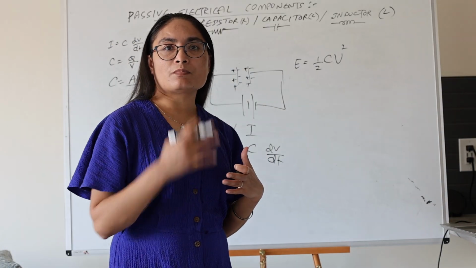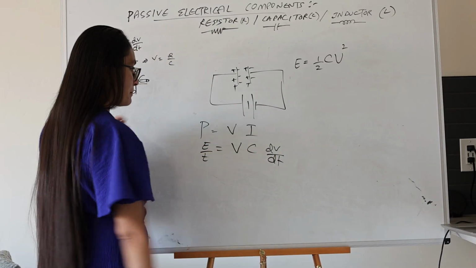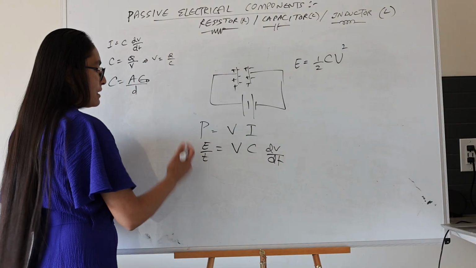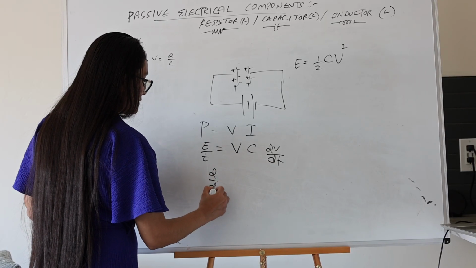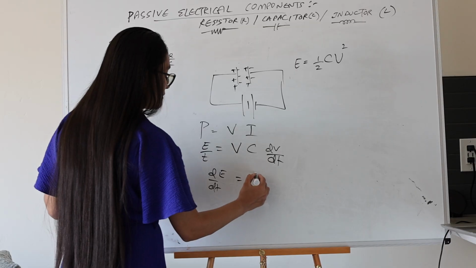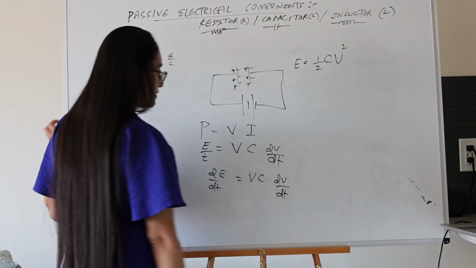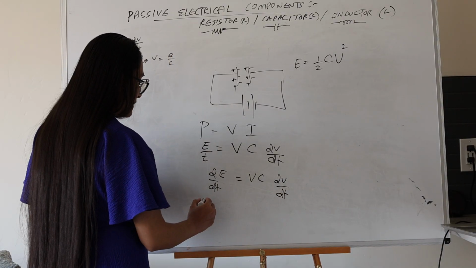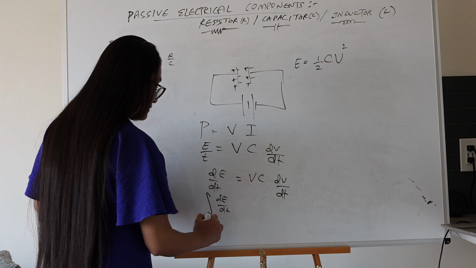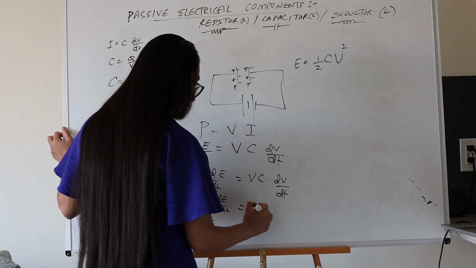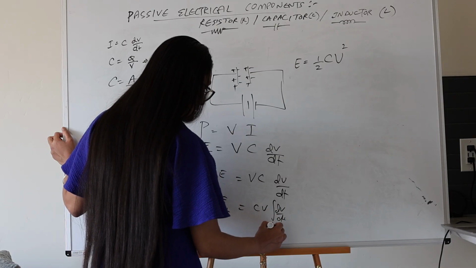Power is the energy per unit time, that is E over T. We can also rewrite this as a differential, so we can say dE/dt is equal to V C dV/dt. If I take the integral on both sides with respect to time, dE/dt integrated over time, same thing on this side, CV dV/dt integrated over time.